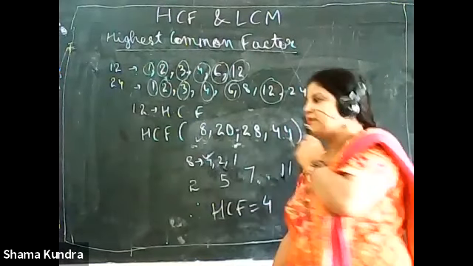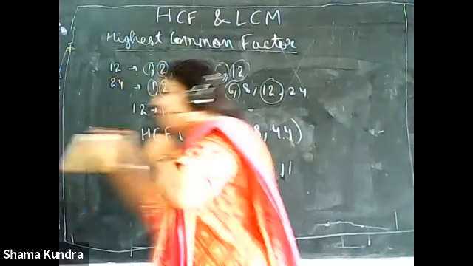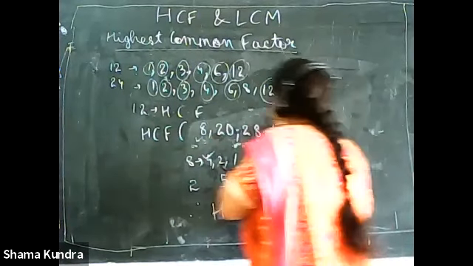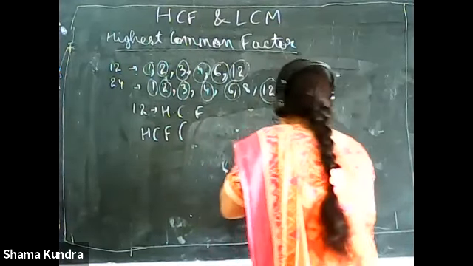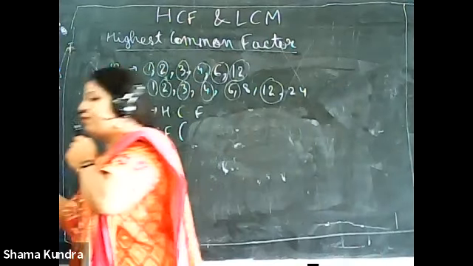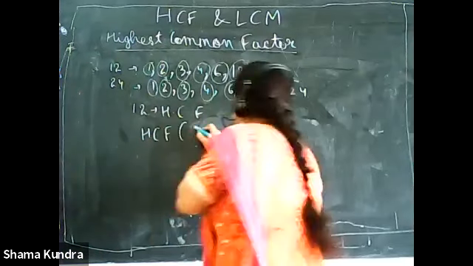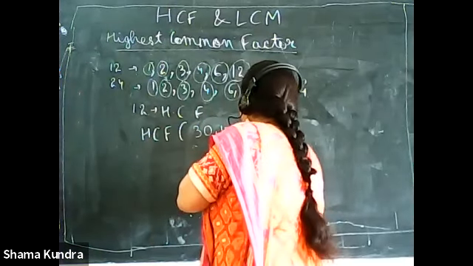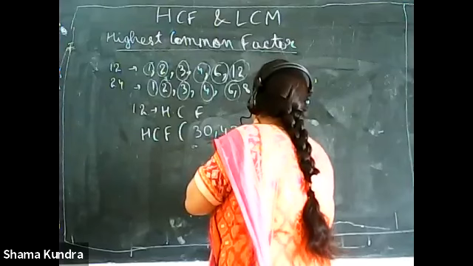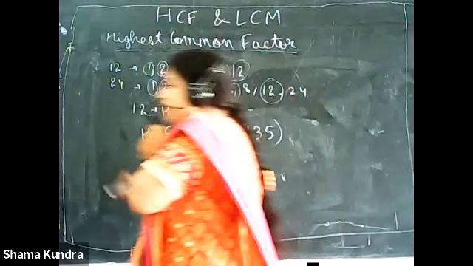So 4 is the answer. Now, taking one more example, if I want to find the HCF of 30, 42, and 135.